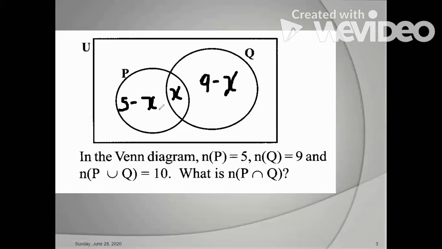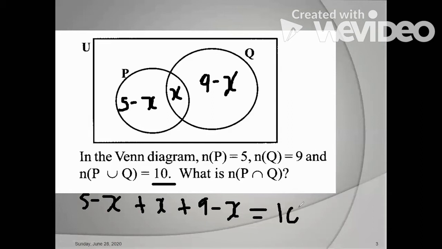Now, when you add up all of this, it should be equal to 10. So let's add these. We have 5 minus X, plus X, plus 9 minus X, and everything should be equal to 10.